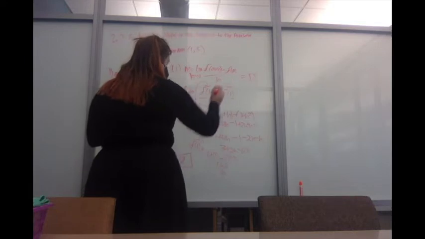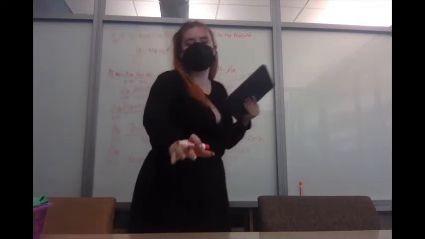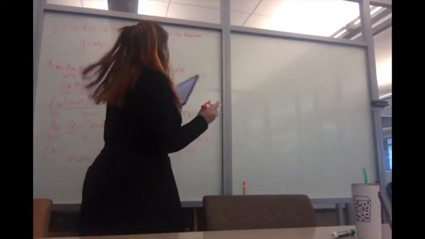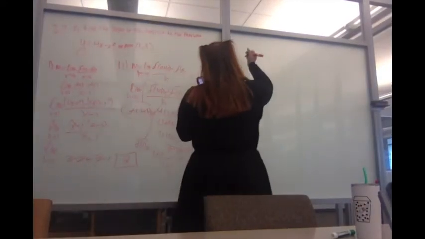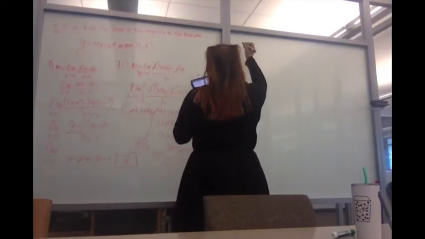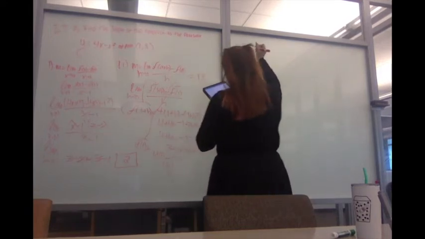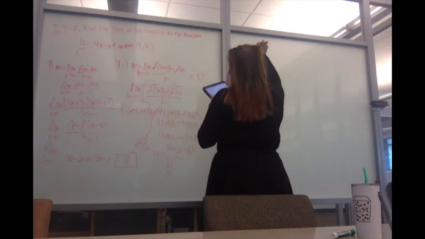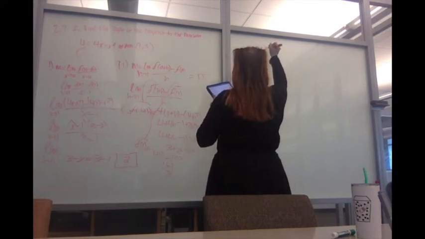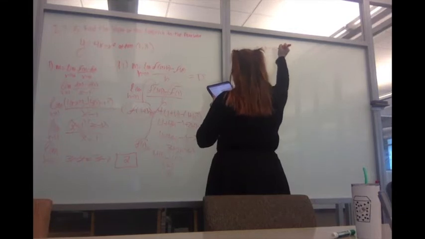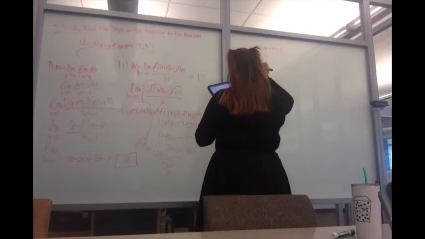So it became m equals the limit as h approaches 0 of 3 plus 2h minus h squared minus 3, all over h.